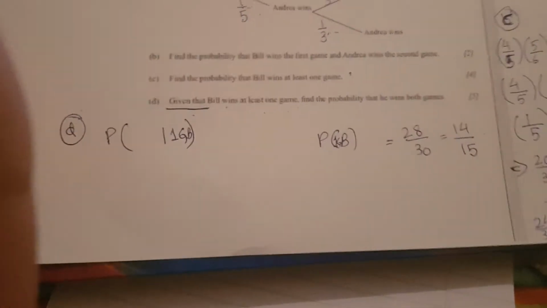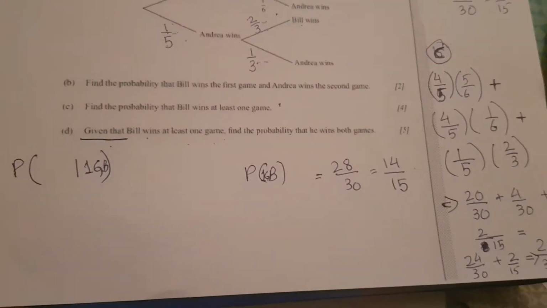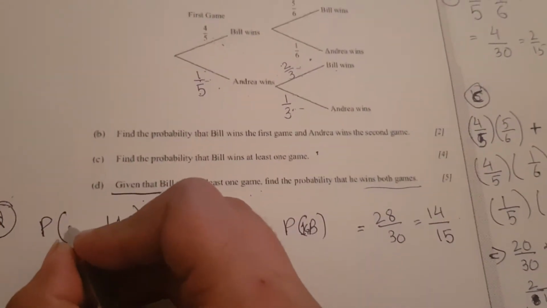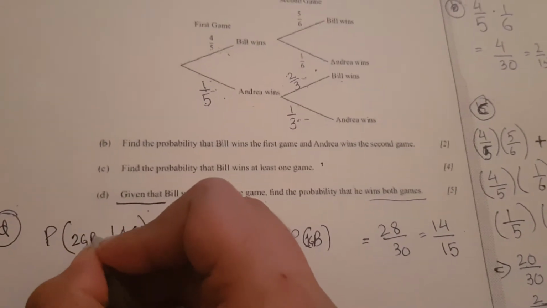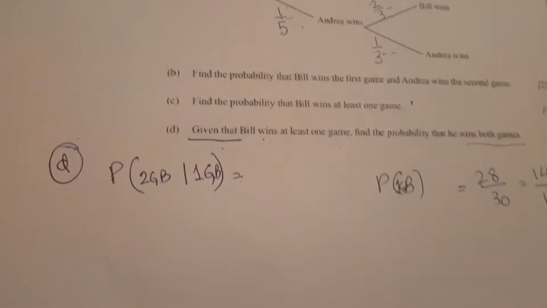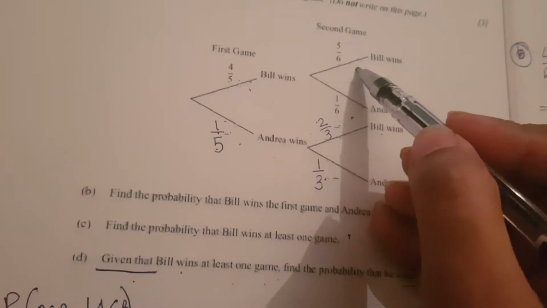Given that Bill wins at least one game, find the probability that he wins both games. So what is the probability that Bill wins both games? Bill wins and Bill wins.